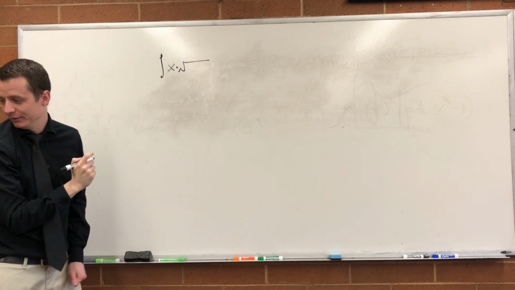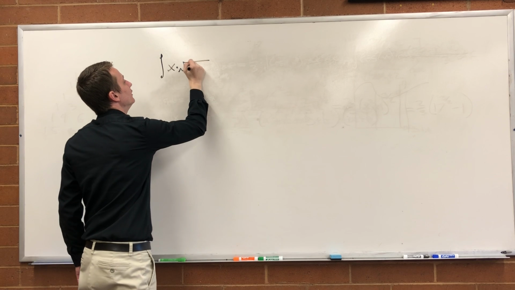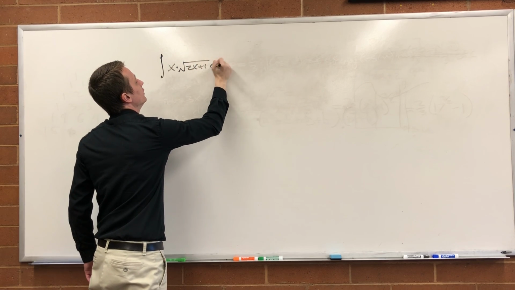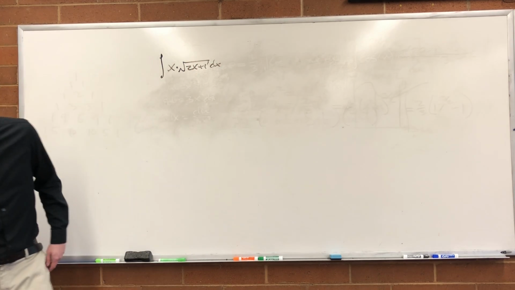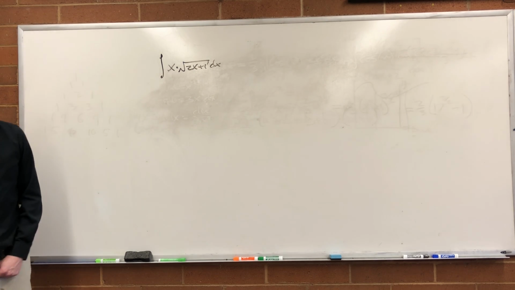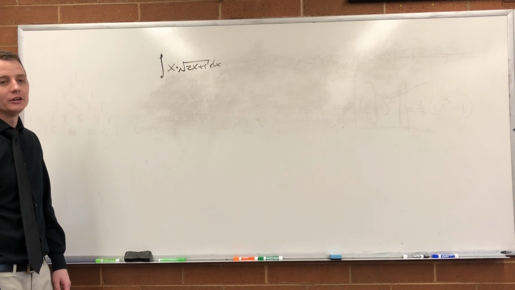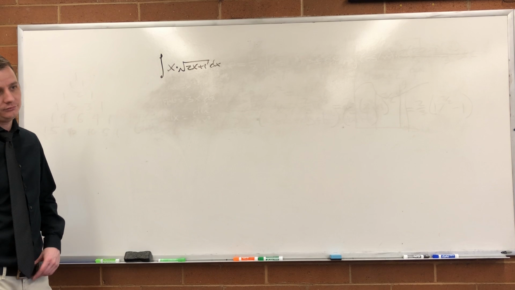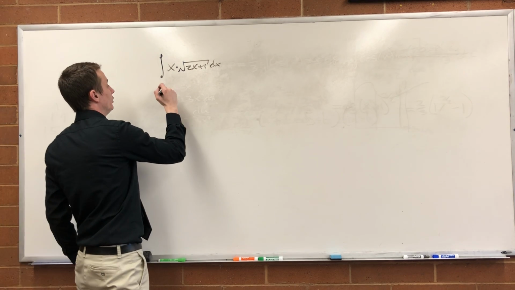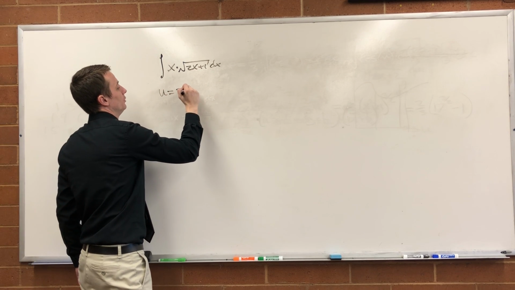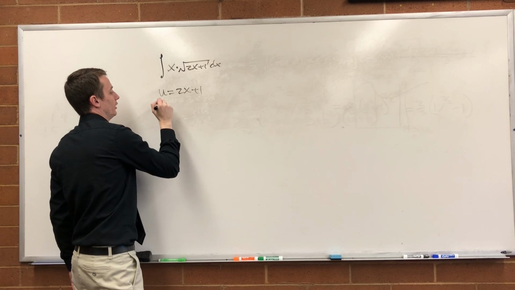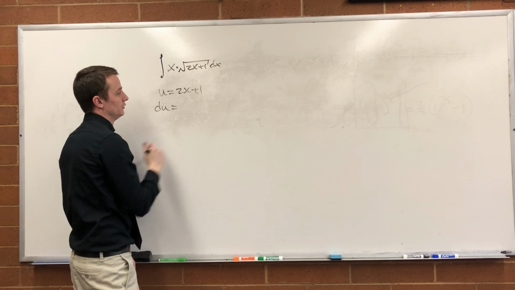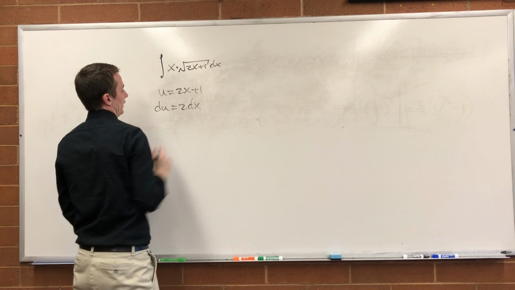Next is x times the square root of 2x plus 1. Did I already do that one? No, example 6. What do you think we should let our u equal? 2x plus 1. So if u is equal to 2x plus 1, then our du is equal to 2 dx.